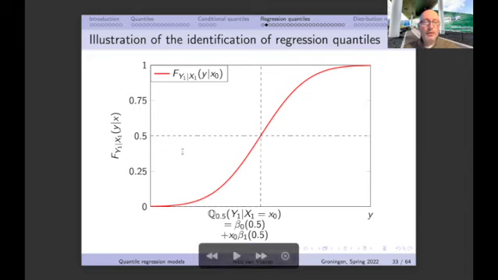Then as usual we can look at the median, which means we start here at 0.5, go across and down, and we see the median of y1 conditional on x1 equal to x0. Take into account that with respect to identification, this thing is assumed to be known. That's very important in econometrics.